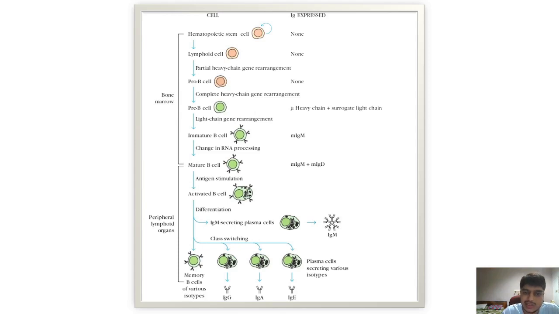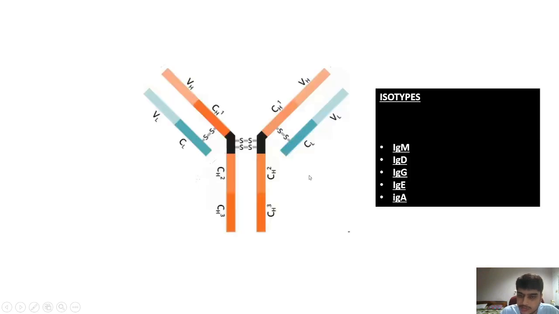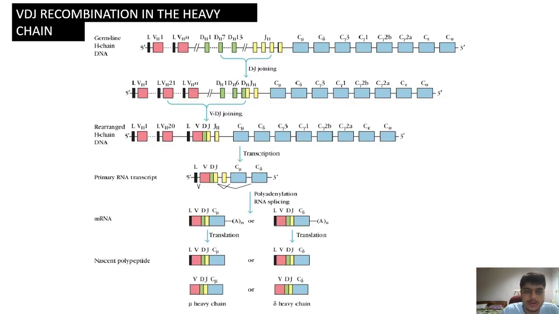So you can see in this diagram that at this stage, when it first matures, it's going to express both IgM as well as IgD. IgM is denoted by the constant region mu, that is C mu, and this will be constant region delta, that is C delta. So in this diagram you see both constant regions.